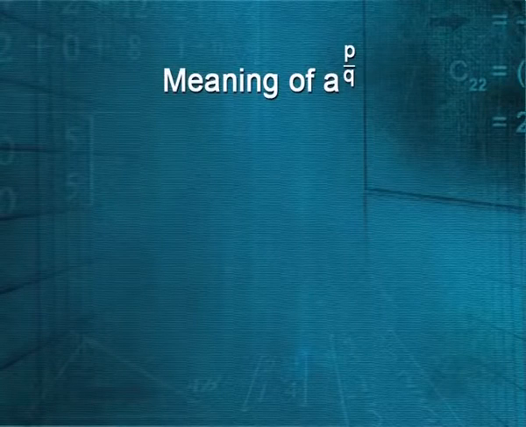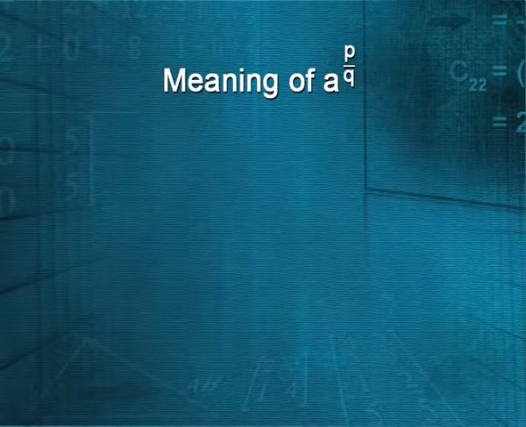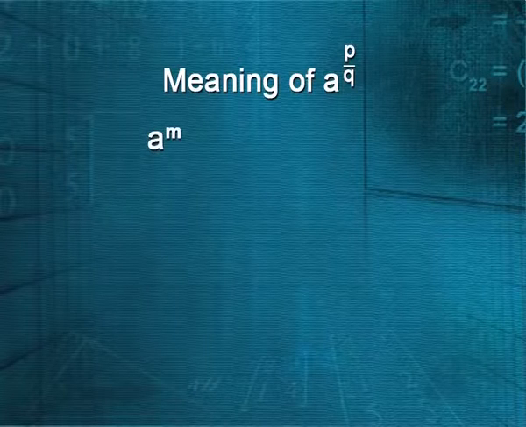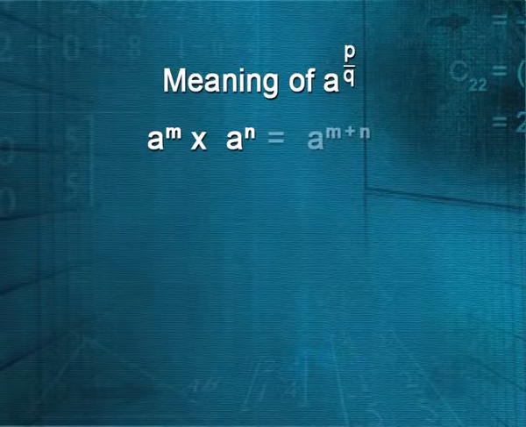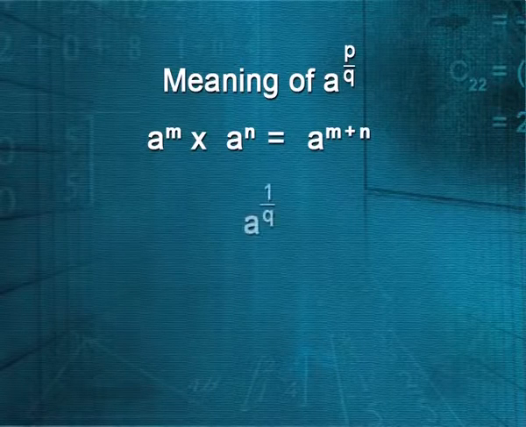Now, let us take the meaning of a raised to power p by q. We know that a raised to power m multiplied by a raised to power n is equal to a raised to power m plus n. A raised to power 1 by q. What is the meaning of a raised to power 1 by q?